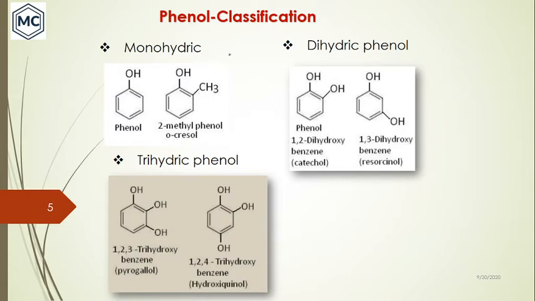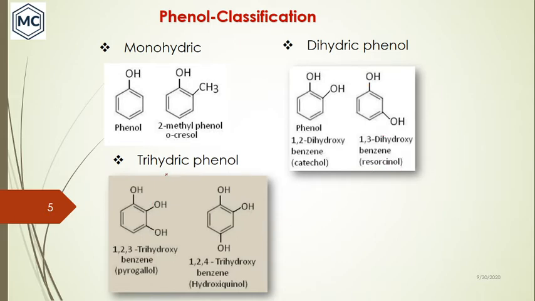Next one, classification of phenol. There are three types, depending on the number of hydroxyl groups. You can classify phenol into monohydric, for example phenol and 2-methylphenol, also called orthocresol. Next, dihydric phenol contains two hydroxy groups, for example 1,2-dihydroxybenzene, also called catechol, and 1,3-dihydroxybenzene, another example of dihydric phenol, also called resorcinol.